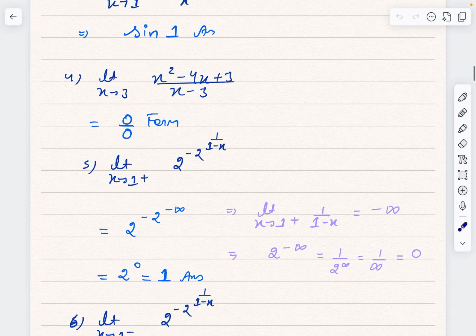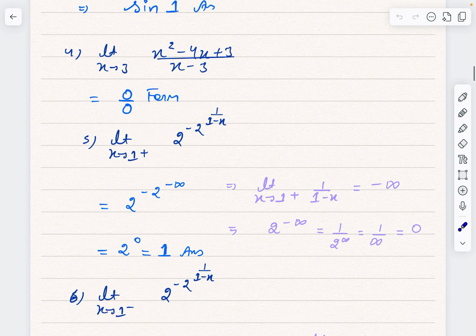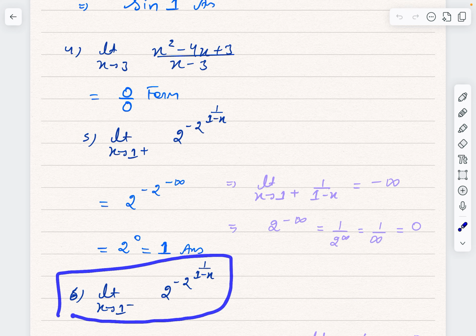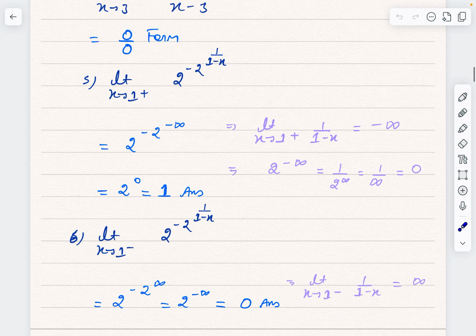So the answer here is 1. Okay, now try the next problem. Limit x tend to 1 negative of 2 power minus of 2 power 1 by 1 minus x. Same problem. Now we're finding its LHL. Okay, now see. The answer here will be 0. How do we get 0?